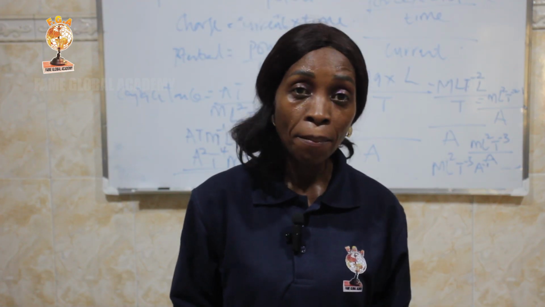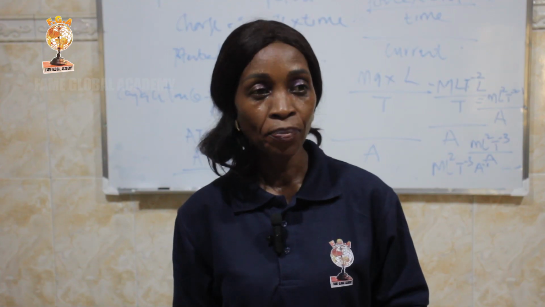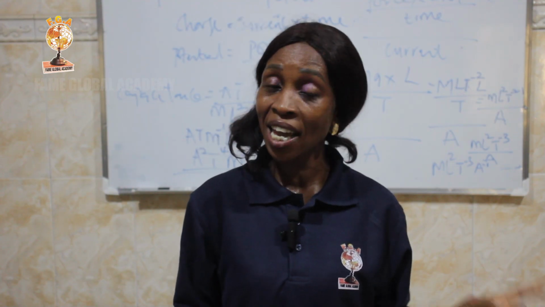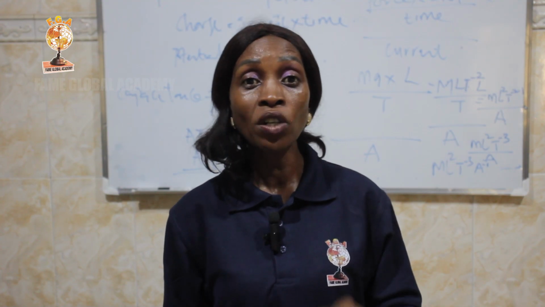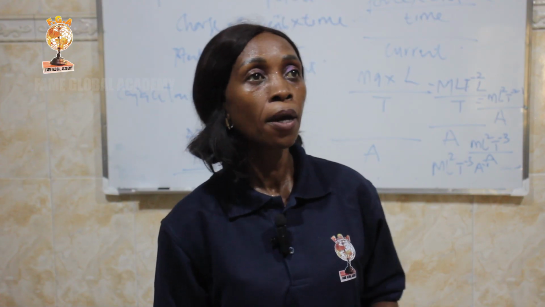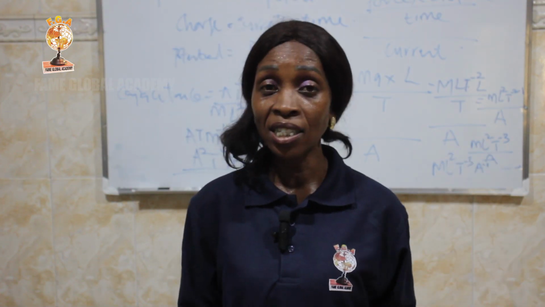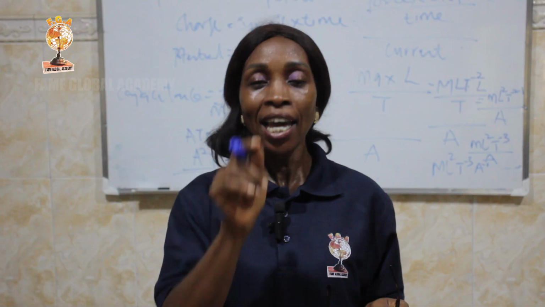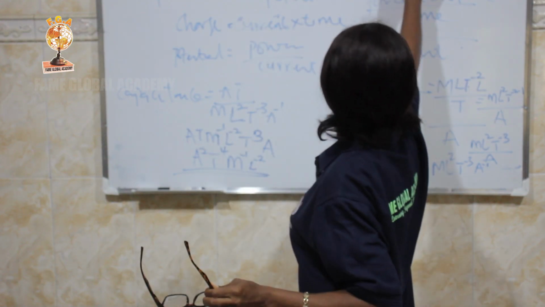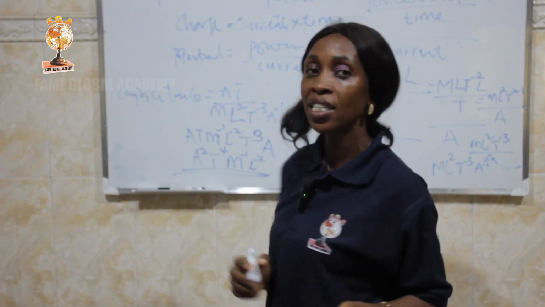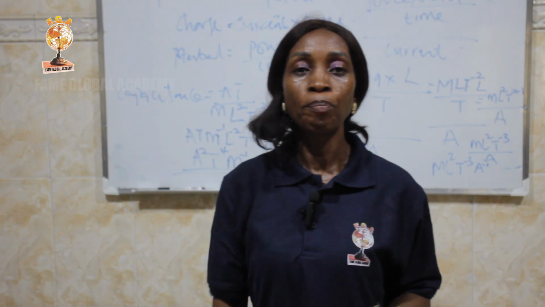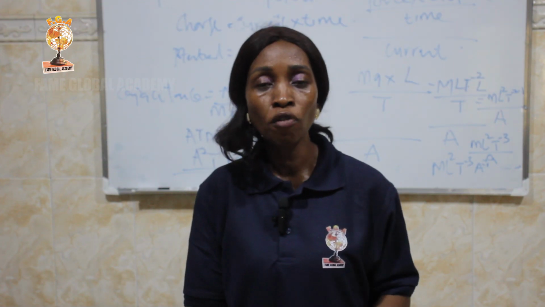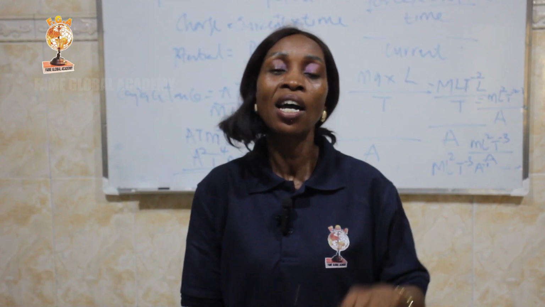And then we said temperature is in Kelvin, that's the SI unit, and the dimension is K. And we also said luminous intensity has a dimension of double I. Then electric current, and we said A is the dimension for electric current, and it is measured in ampere.